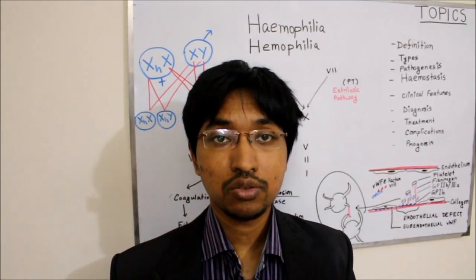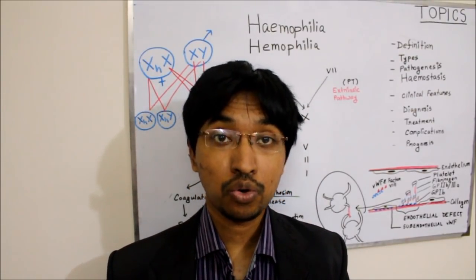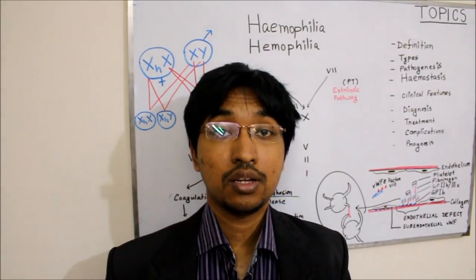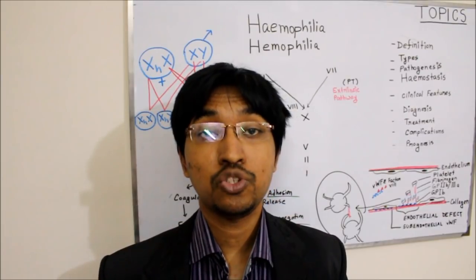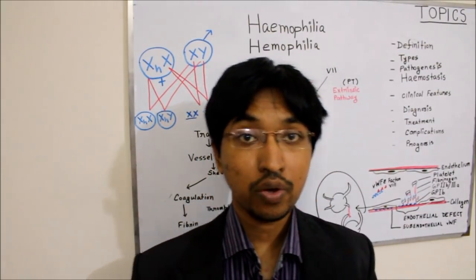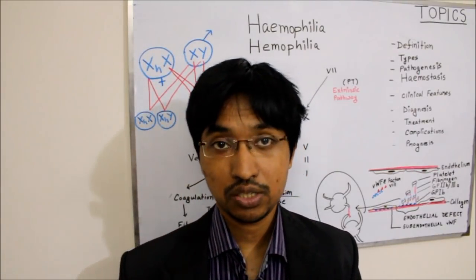The commonest joint involved is the knee joint, followed by the elbow, ankle joint, shoulder joint, hip joint, wrist, etc. So joint bleeding is a very important clinical finding in a hemophilic patient.